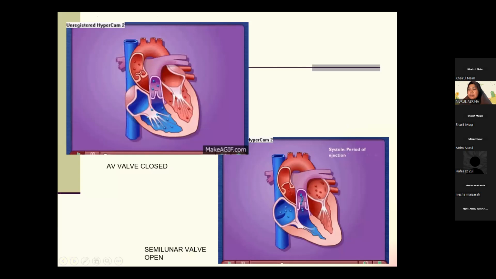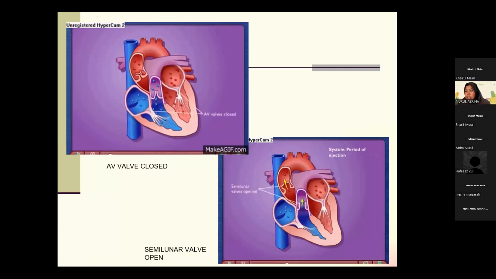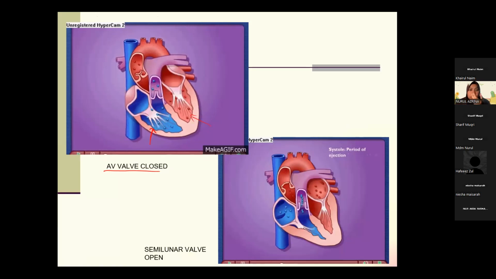Before that, you can watch this animation showing you the closing of AV valve. You can see what happened to the wall of the ventricle, right? So ventricle contracts. As ventricle contracts, because of high pressure of ventricle compared to atria, it will force the AV valve to close to prevent the backflow of blood into the atrium.